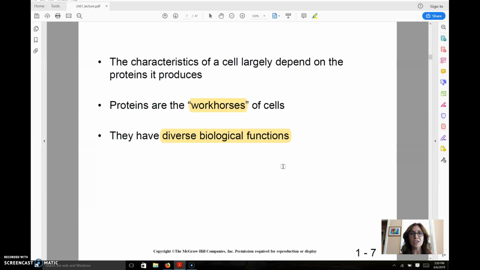Many of these proteins allow the cell to make new proteins. They allow the cell to communicate with the external environment of the cell. So I want you to start thinking of proteins as having many more jobs to do than just being something you eat. Proteins are chains of amino acids that do different jobs.